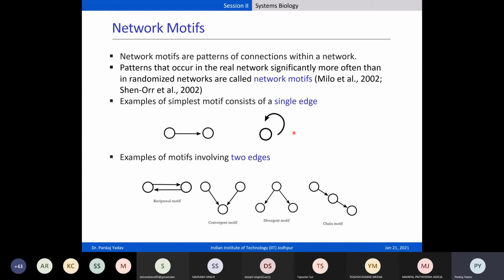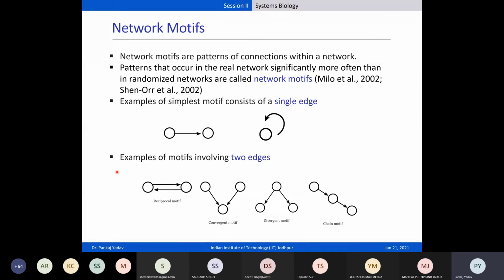It just shuts off after a particular threshold is reached. So these kinds of motifs are also of interest in biology, and a lot of work has been done in this context, and many algorithms have been found to study these autoregulations.